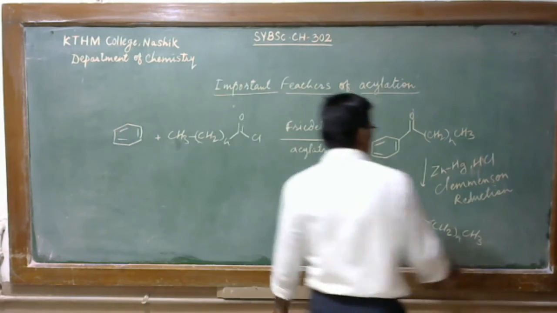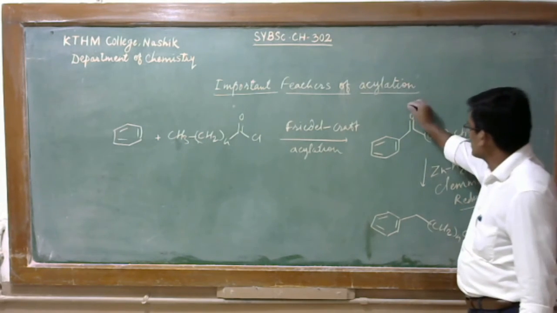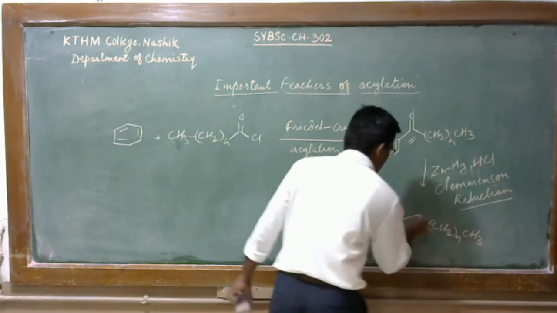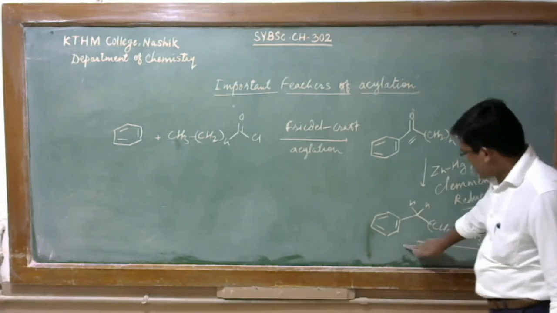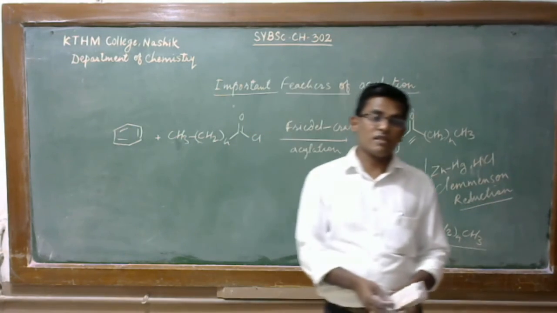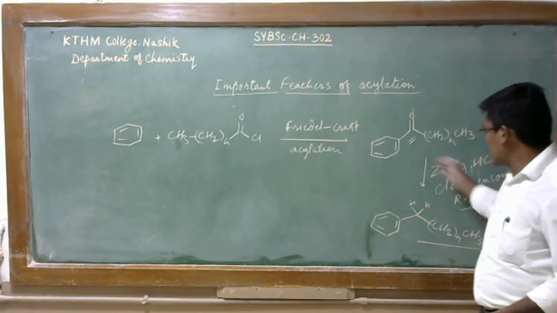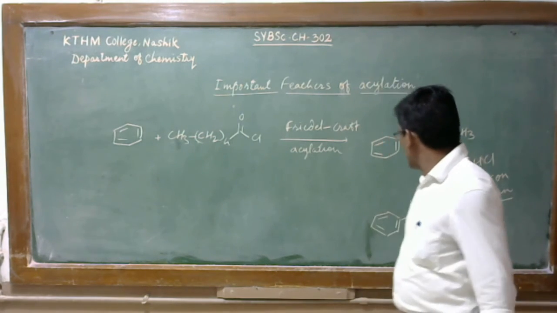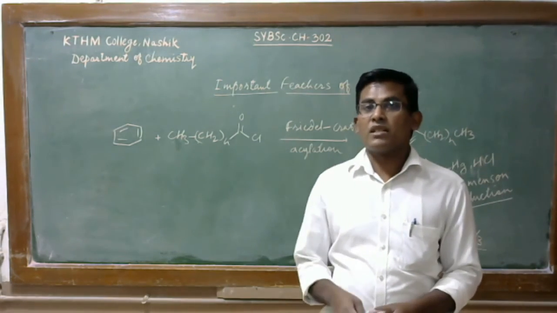This Clemmensen reduction, zinc amalgam in the presence of HCl, will reduce this carbonyl group to give this methylene group, so as to make it a long chain. This is one of the important features of the acylation reaction: we can introduce a long chain of the alkyl group into the benzene. This is not possible in the alkylation because there will be rearrangement.